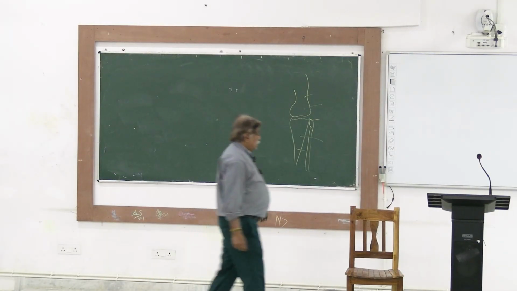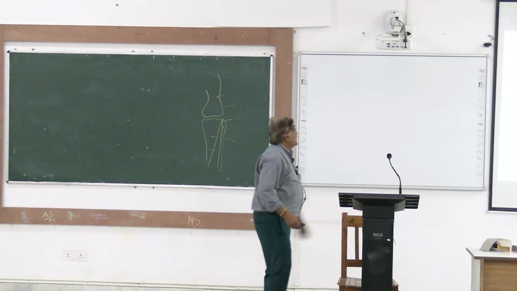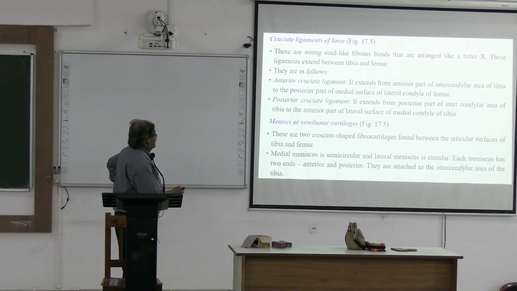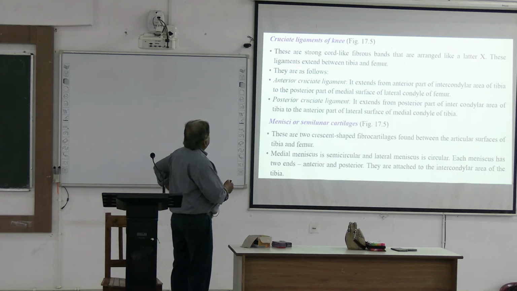Okay, then these are strong cord-like fibrous bands arranged like the letter X. These ligaments extend between the tibia and femur. They are as follows.